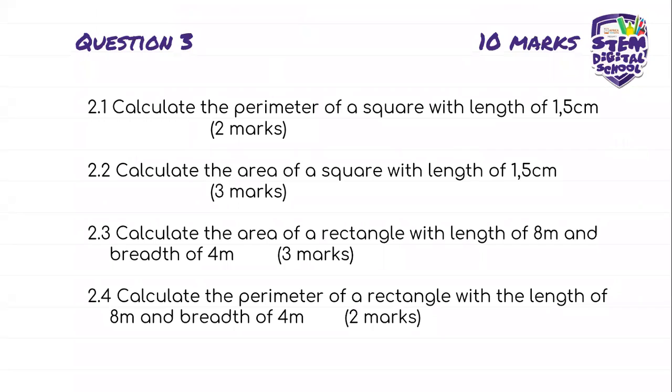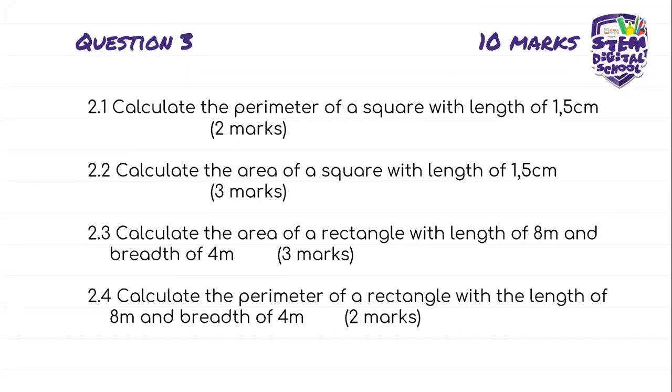And then we come to the different one now where we need to calculate the perimeter. Remember, I spoke about the perimeter at length. I said that the perimeter is the distance around the edge of the shape.